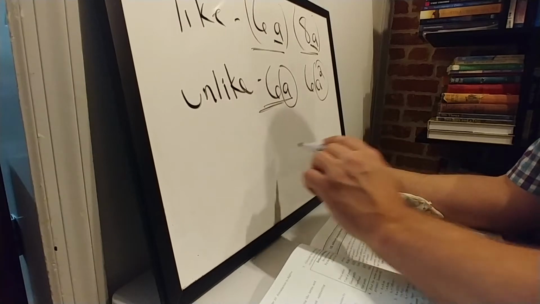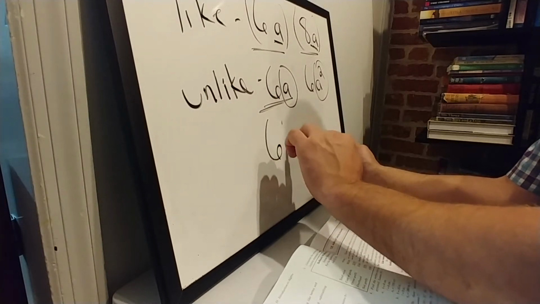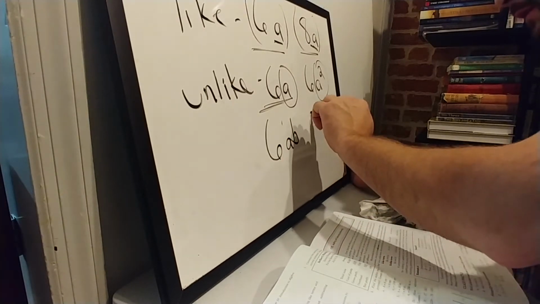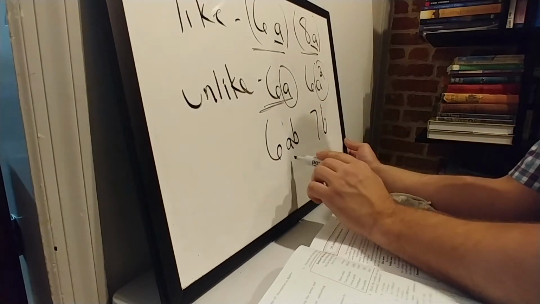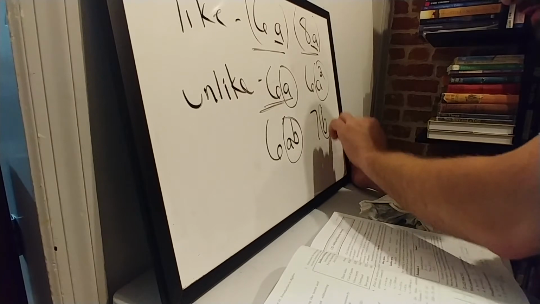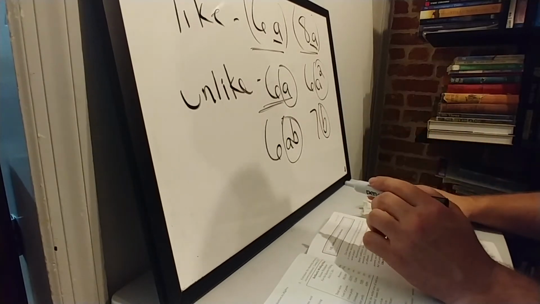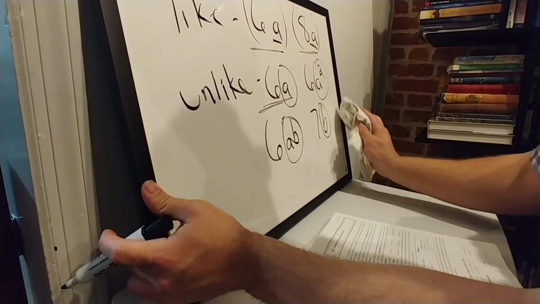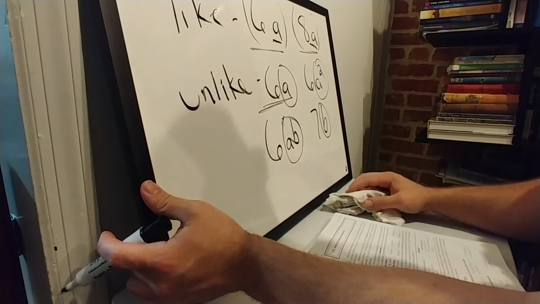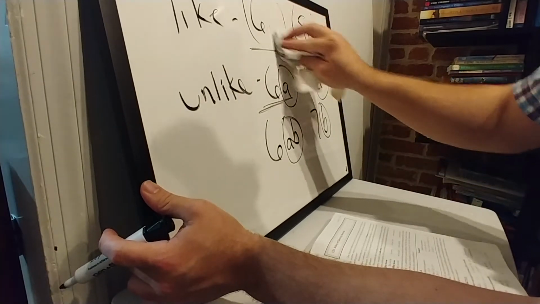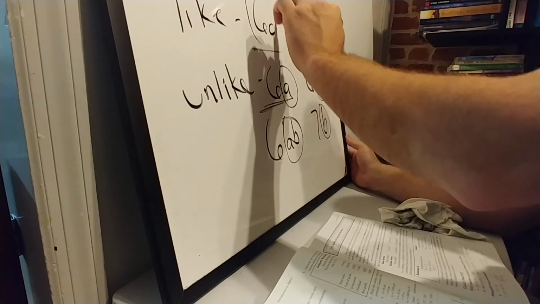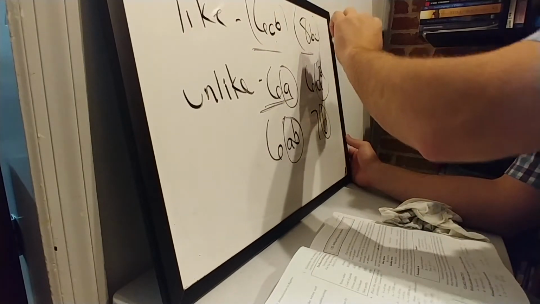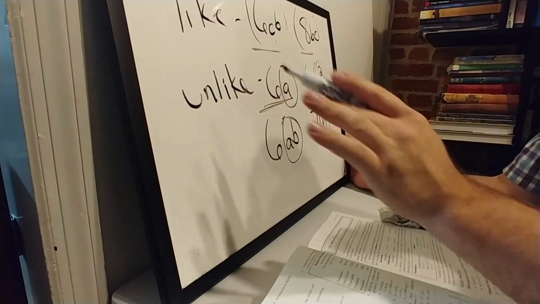Another example of unlike would be 6AB and 7B. This has an AB, this just has a B. They're not like. Now it could be, for instance, 6CB and BC, and these would technically be like.